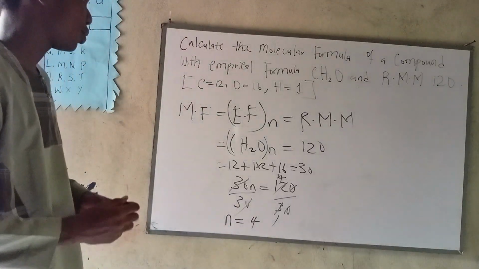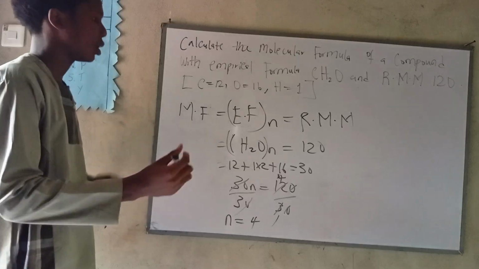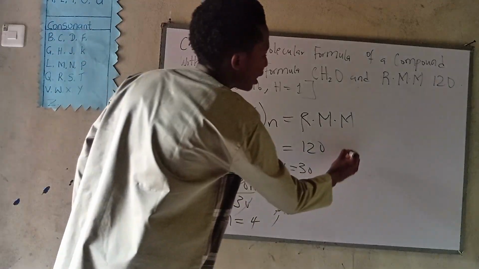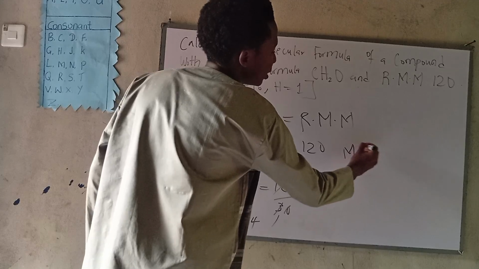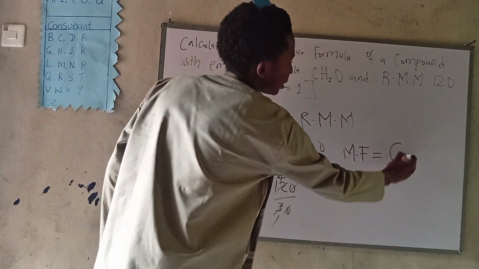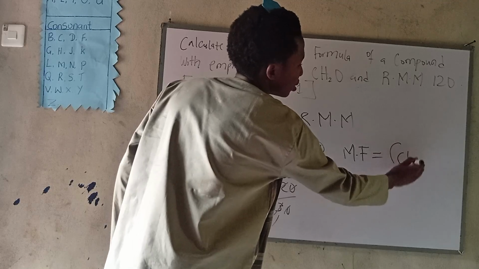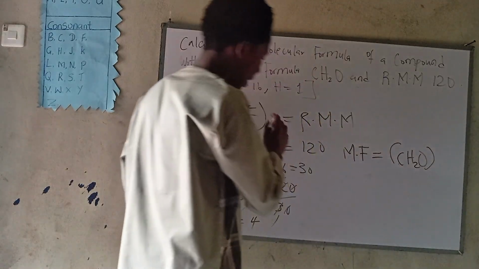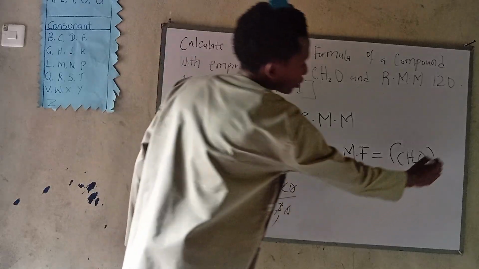Now, next up is to get our molecular formula. Now, let's input what we've gotten. Our molecular formula therefore is equal to what? Let's write the compound, (CH2O)n. But we've gotten the value of n to be 4.